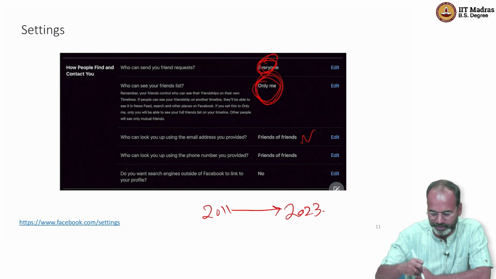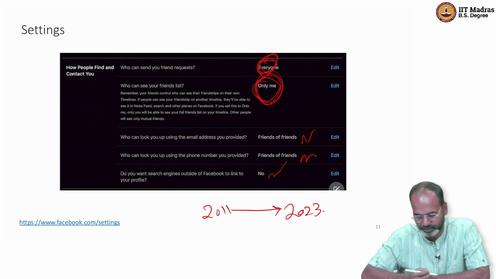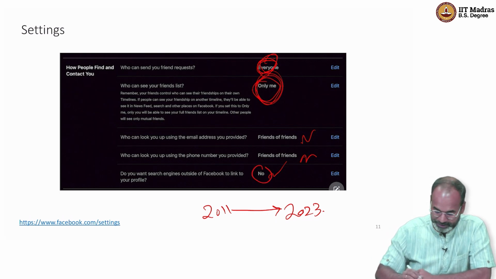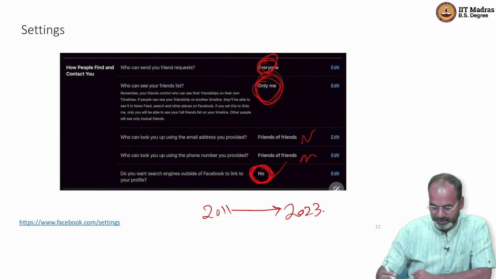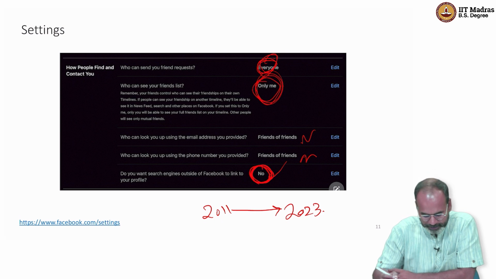Who can look you up using the phone number you have provided? Do you want search engines outside of Facebook to link to your profile? No. One can think of actually making this yes, I guess. If you go to Google and search for my profile, my profile should still show up there if this is made yes.